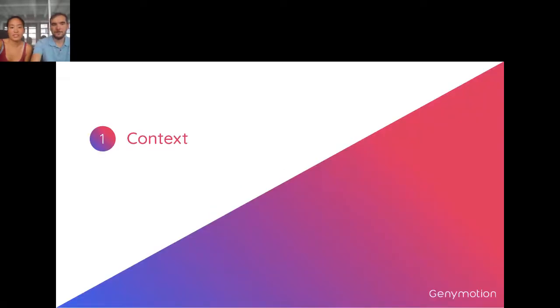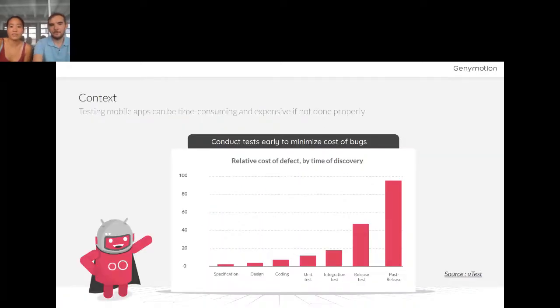So let's start with the context. Maybe in your company, you are probably already using agile methodology to develop and deliver your mobile application. Which means that you build, test, and deploy more often than before. And if you are already a QA engineer, you may have already experienced that we ask you to be more and more involved in the testing, and that, of course, you have a key role on the application quality.